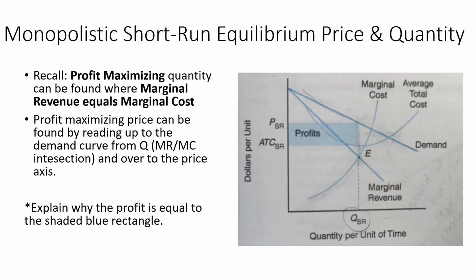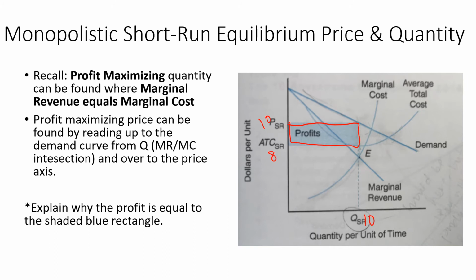So if we are looking at this graph here, I'm telling you that the profits of this firm are the area that exists right here. So let's just say this is 8, this is 10, just so we can put some units with this. And this is, we'll say 10.